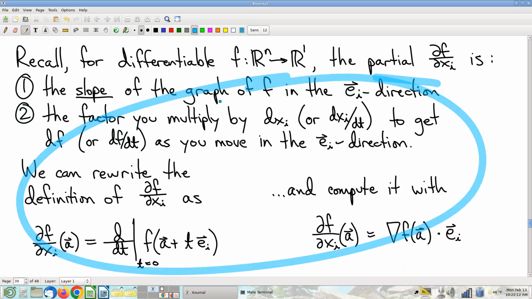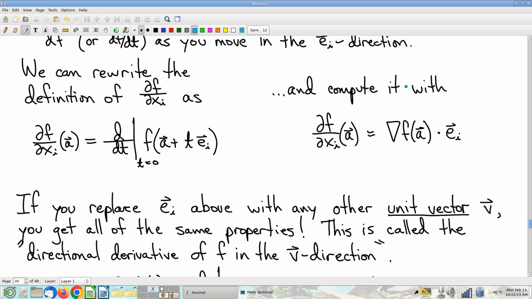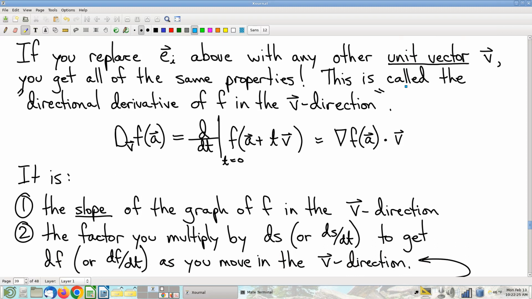I want to rip off the idea of partial derivatives, and get all the goodies, everything that we used to know about partial derivatives to come along for free, just in the direction of any arbitrary unit vector. In other words, in any other direction.